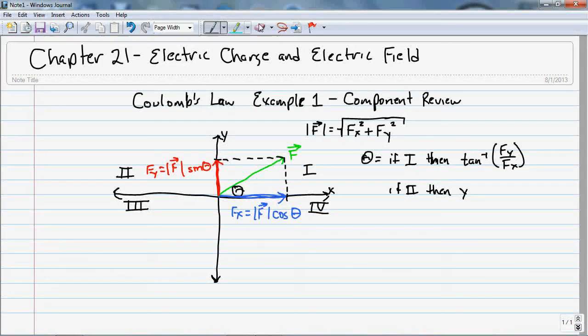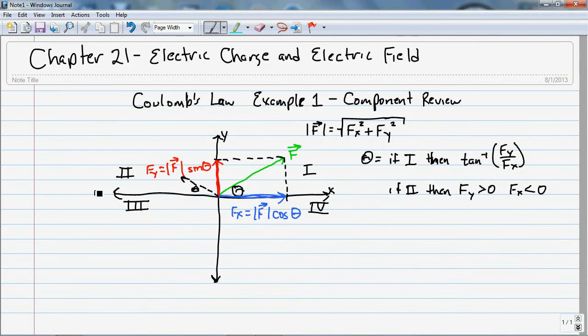So my Fy is going to be greater than 0, but Fx is going to be less than 0. And to get theta, well, the projection is going to go like this, and theta is going to be referenced to the x-axis.